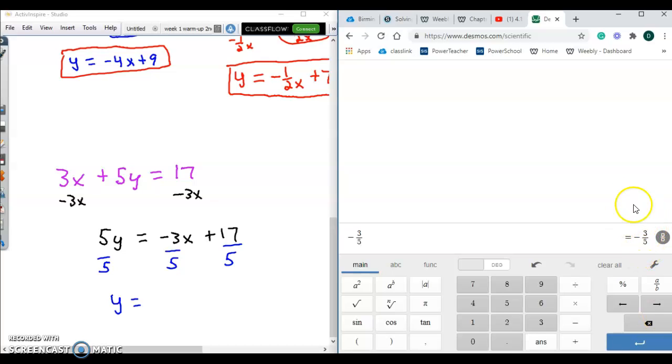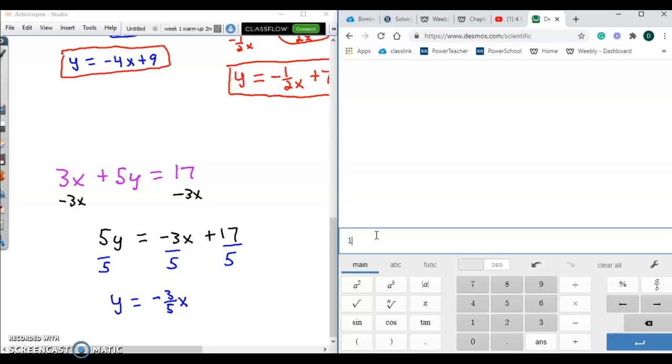It is just -3/5, so I'm going to leave that as -3 over 5x. Now I'm going to move the x just out here with it, because that fraction is there. And again, moving forward, you're going to want to do it that way or see it that way. 17 over 5 is going to just be 17 over 5. 17 divided by 5. So it's 3.4 or 17 over 5.